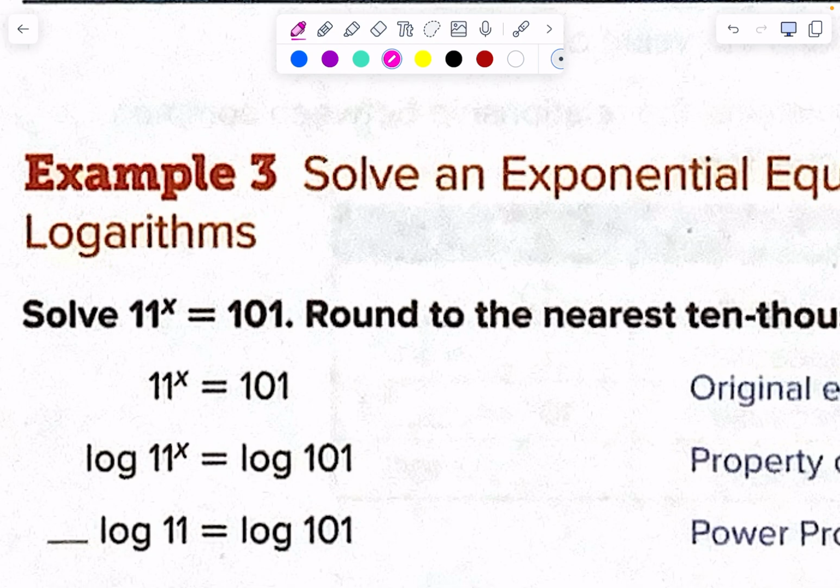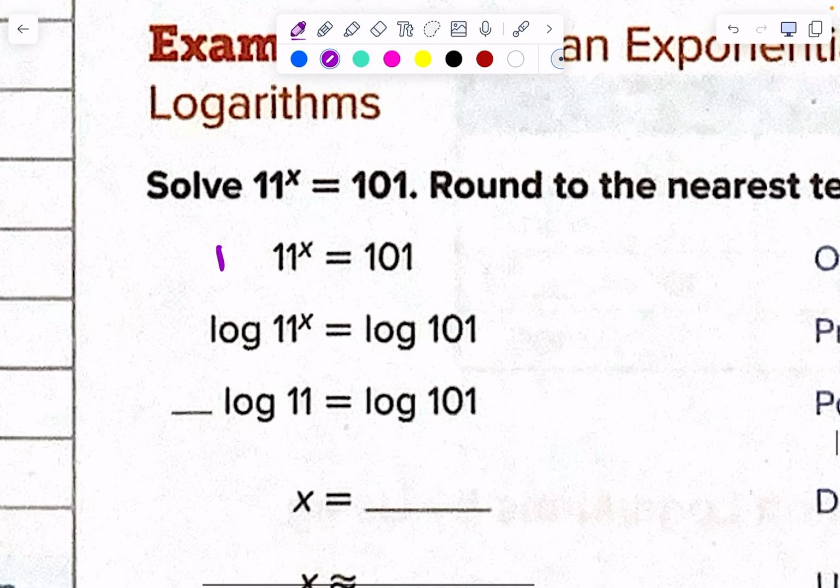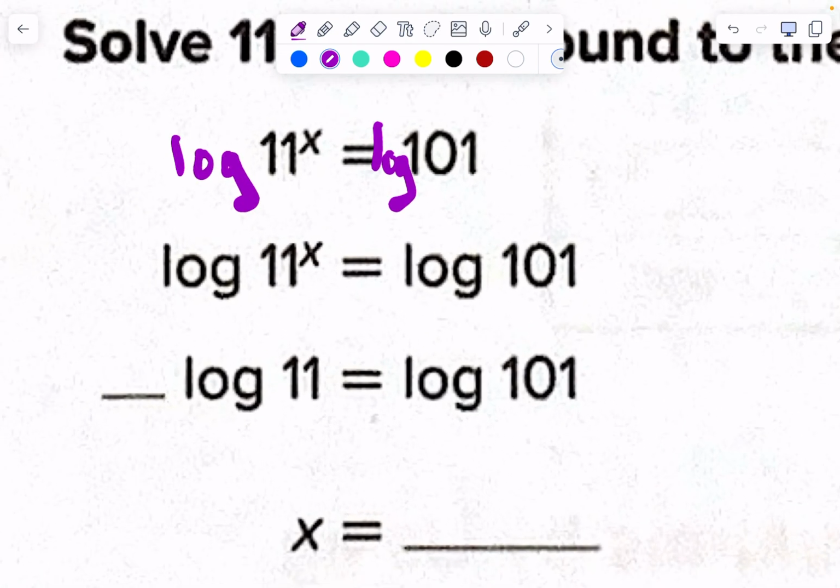11 and 101, we cannot make those the same base like we did with 2 and 4, right? So what we do is something that we can use a calculator for, and what we do is we insert a log in front of both sides. So I log and I log, okay? Because we did it to both sides, it's legal, right? What's the base of the log if we put it in front?